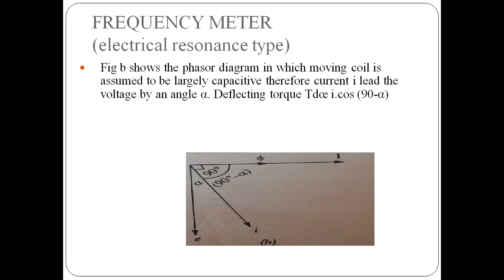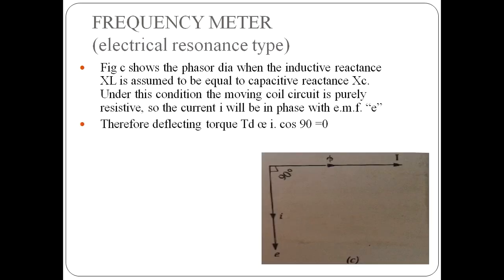Next, figure B shows the phasor diagram in which the moving coil is assumed to be largely capacitive, therefore the current leads the voltage by an angle alpha. Deflecting torque Td is directly proportional to i cos 90 minus alpha.